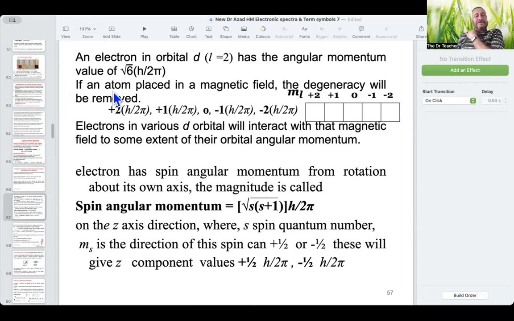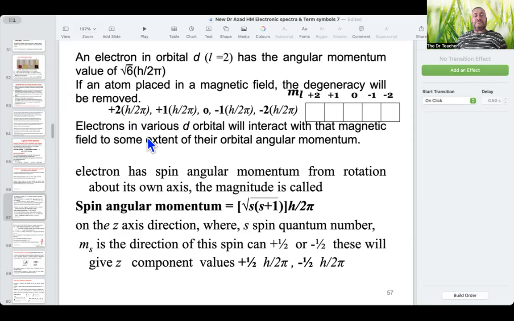If an atom is placed in a magnetic field, the degeneracy will be removed. Now you can see the ML being degenerate: plus 2, plus 1, 0, minus 1, minus 2. So we have five-fold degeneracy: 1, 2, 3, 4, 5.